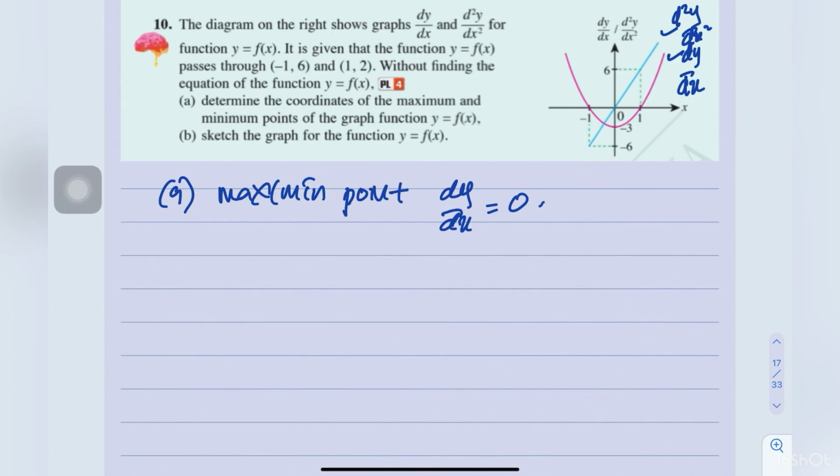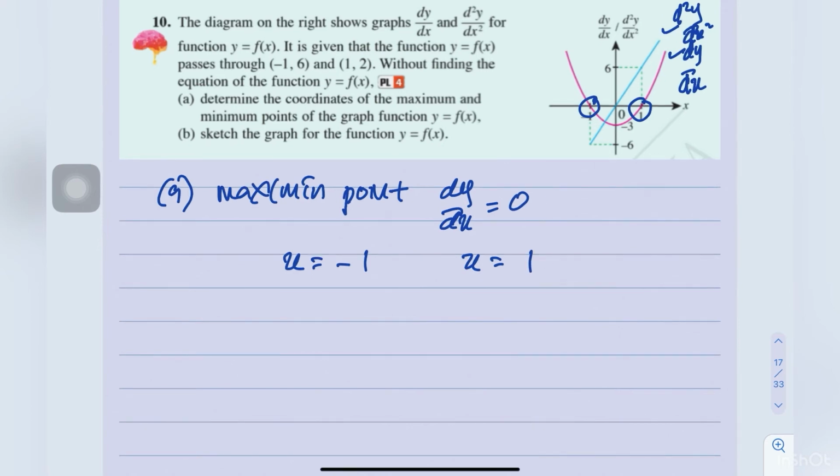So dy dx equals 0 is right here, meaning when x equals -1 and x equals 1. Coincidentally, from the question given, (-1, 6) and (1, 2) pass through the curve. So it is the same x.